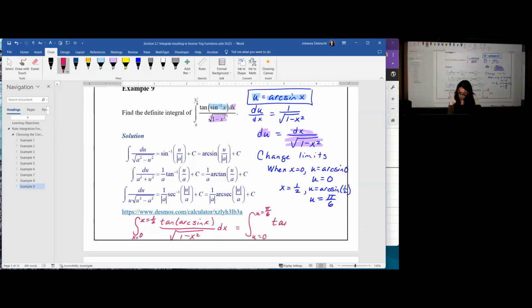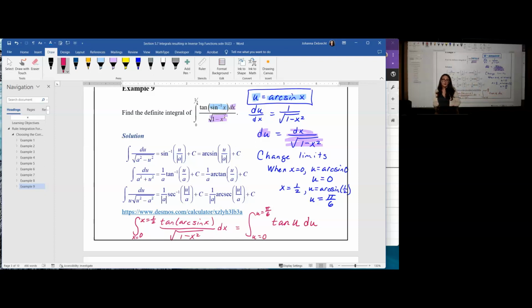Then I don't replace tangent because it's still in there, but I do replace its argument with u. So I have the tangent of u, and I replace the differential dx divided by the square root with the differential du. This gives me the integral of the tangent of u du.